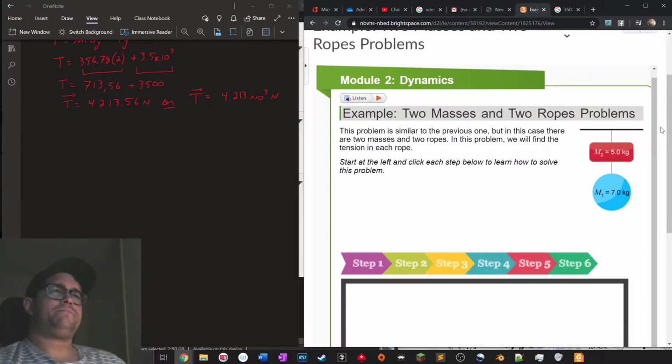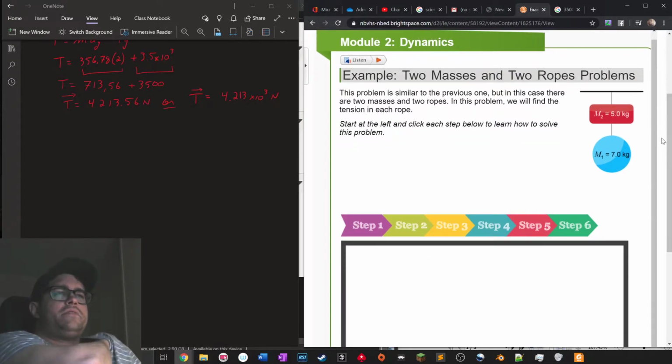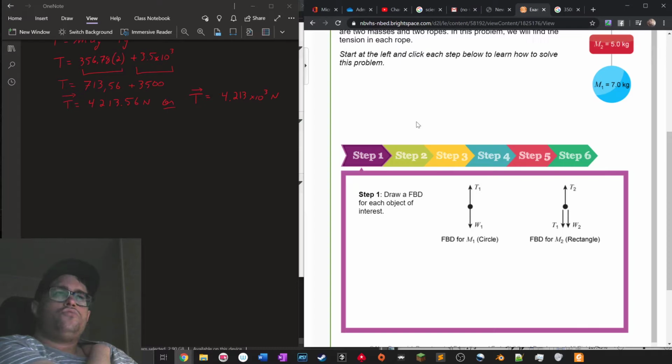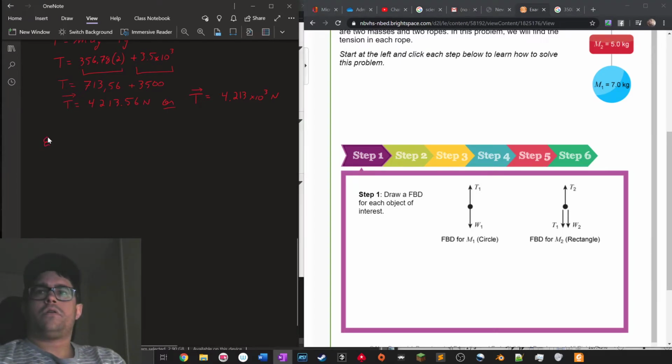2 masses and 2 ropes problem. Yeah, let's get into the weird stuff. This problem is similar. In this case, there's 2 masses. Step 1. So we're going to work with 2 diagrams. Example, 2 masses.